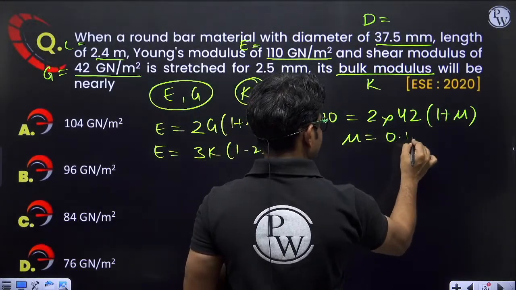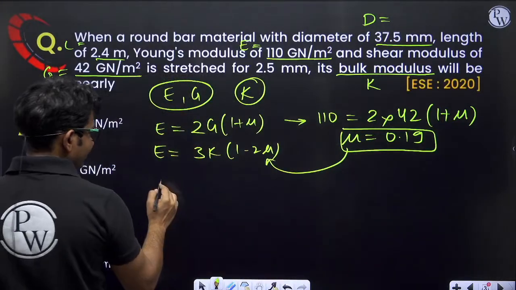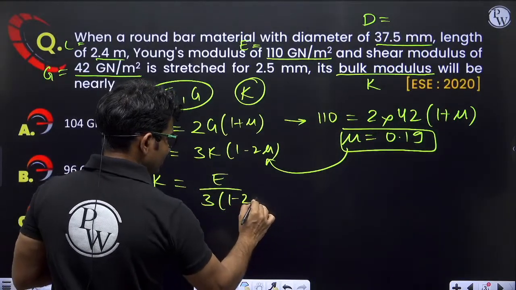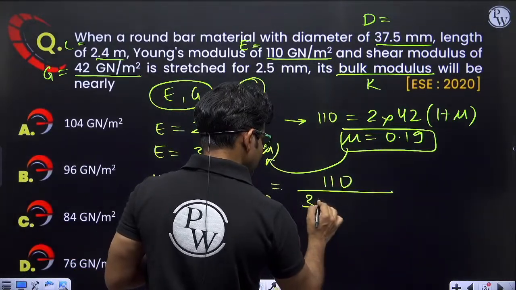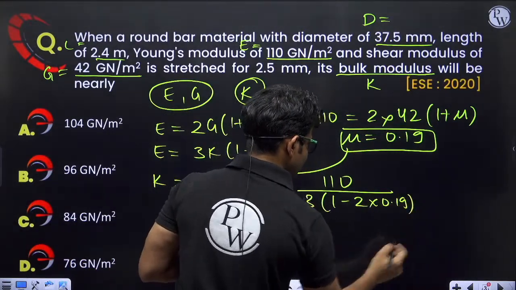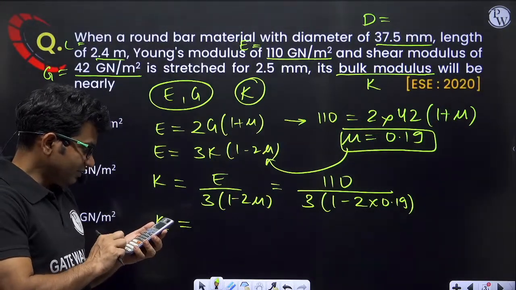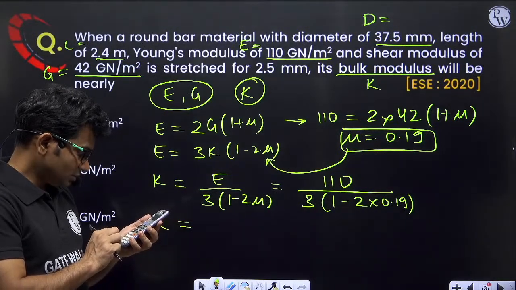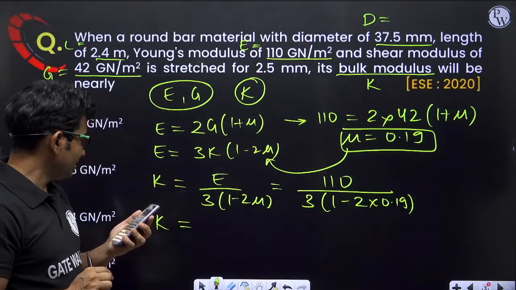When we have found mu, we can put it in this equation and find K. K is equal to E upon 3(1 minus 2 mu). So E is 110 divided by 3 into (1 minus 2 into 0.19). So it will be 59.14.